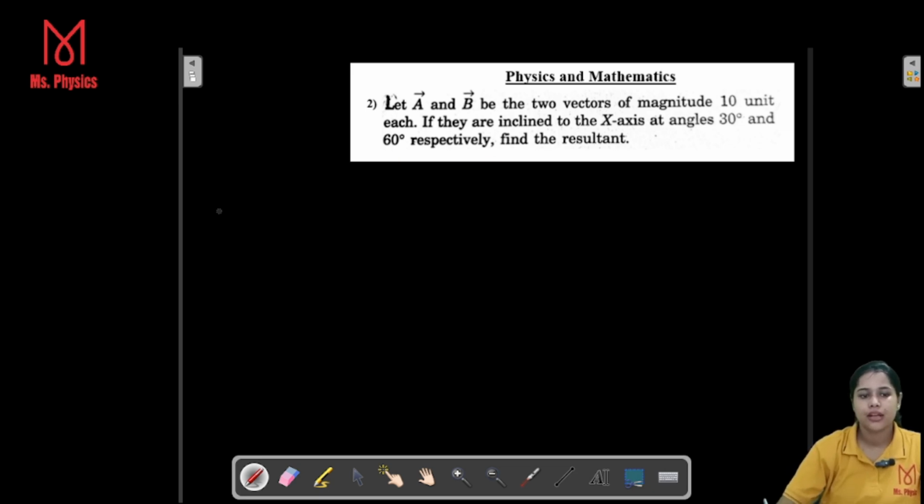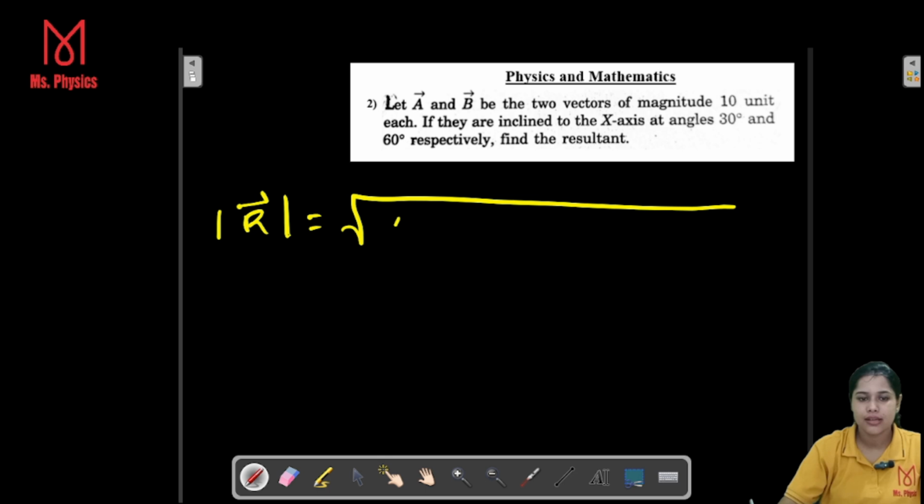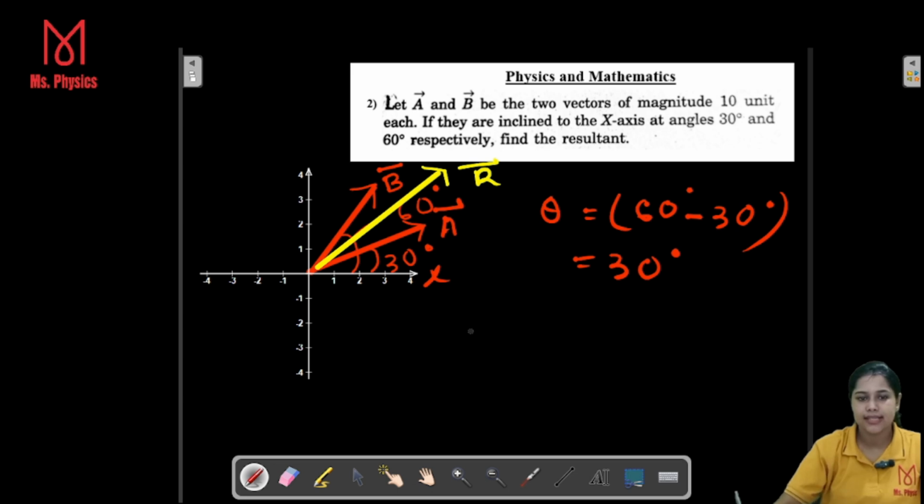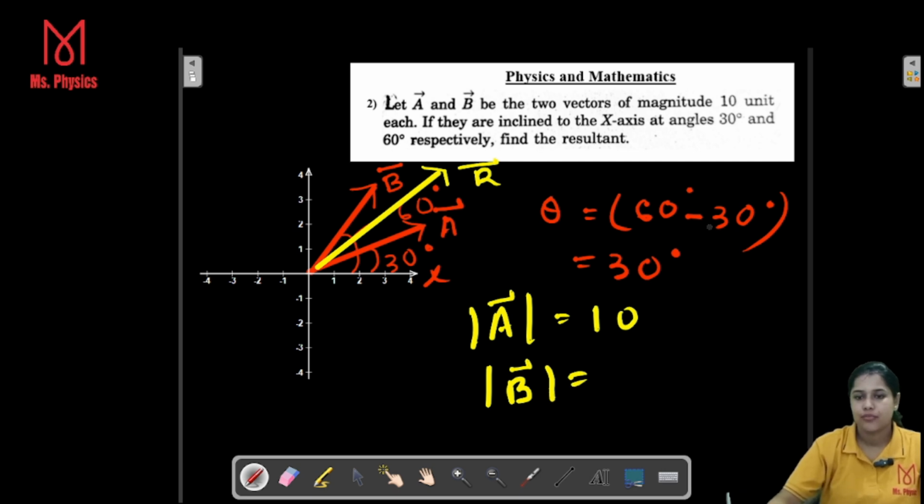Therefore the magnitude capital R is equal to, again the same formula, root of A square plus B square plus 2AB cos theta. Now here you see mod A is 10 units as given, and again mod B would also be 10.